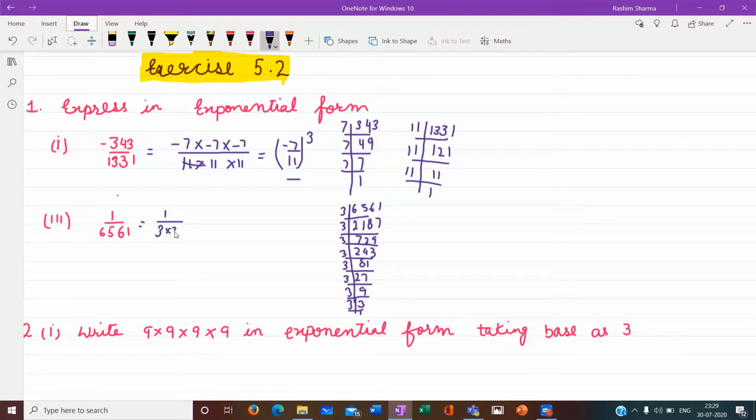It means here we can write it as 3 into 3, 8 times. So we have written it 8 times. Now 1, if we multiply 8 times, it will remain 1. So we can write here 1 also 8 times.